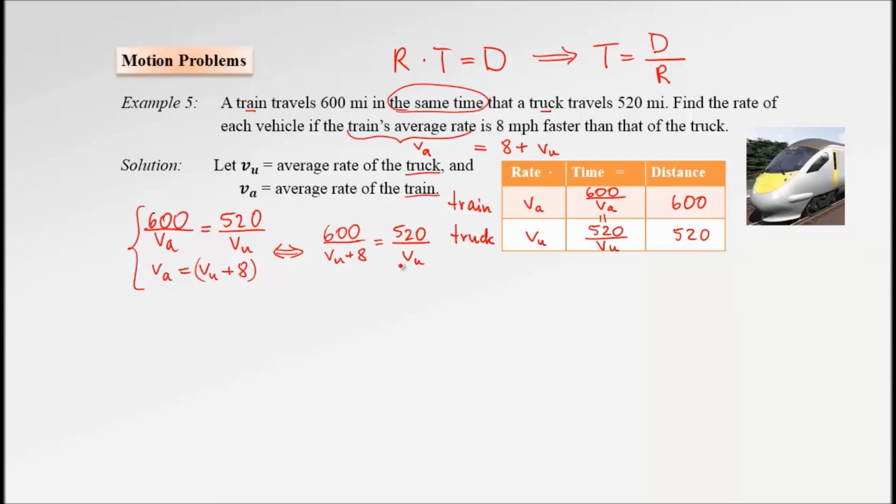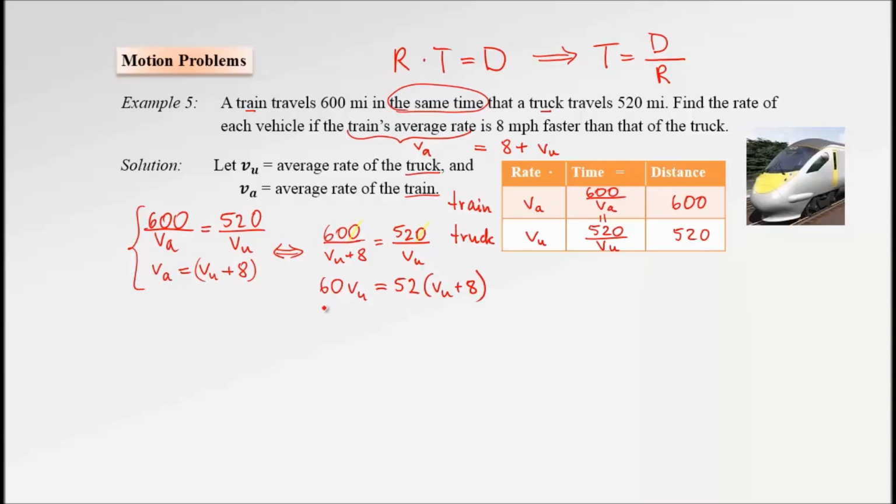And now to solve this equation, we could cross-multiply as it is, but I would suggest to tone down the numerical values a bit. It's enough to knock off one of those zeros from each side. It's like dividing by 10. With not much effort, we would get a lot smaller numbers to work with. So now let's cross-multiply. 60 times VU, this times this, equals 52 times the bracket, VU plus 8.